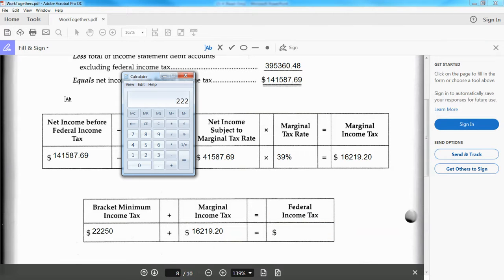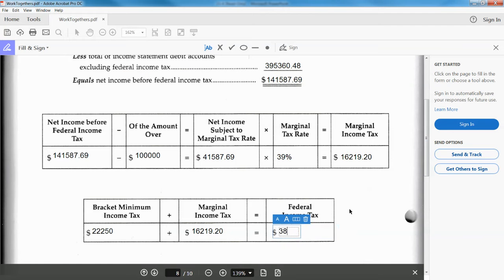So 22,250 plus 16,219.20, and that equals 38,469.20. So that is calculating our taxes. And then we need to journalize and post the adjusting entry for federal income tax payable.